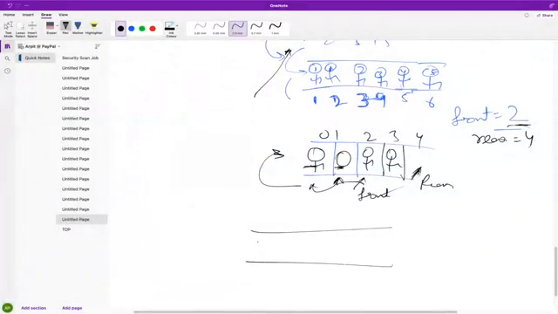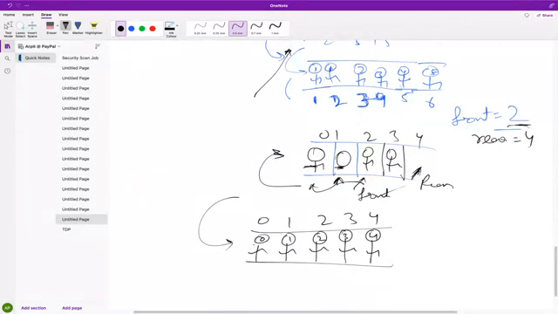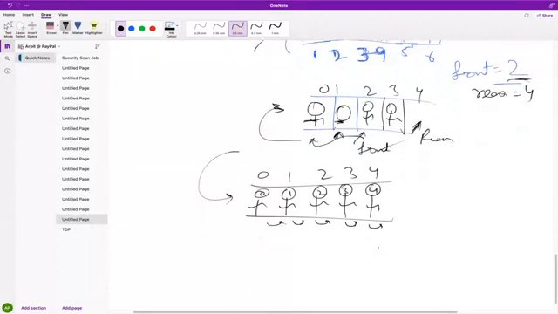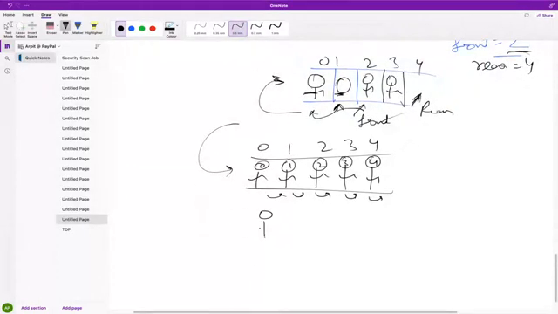Similar to this one, the first scenario is when front is at the 0 position, it means nothing has been deleted. And these are 5 spots, 0, 1, 2, 3, and 4. Somebody wants to insert here, but there is no space. So we need to shift everyone to their right.